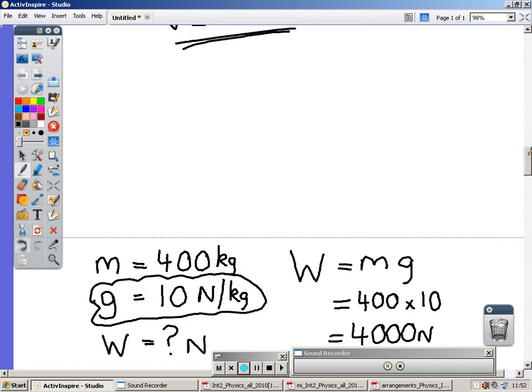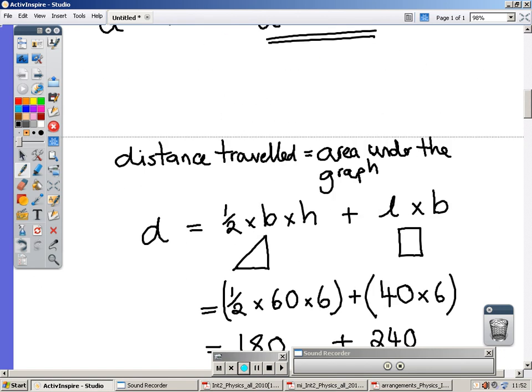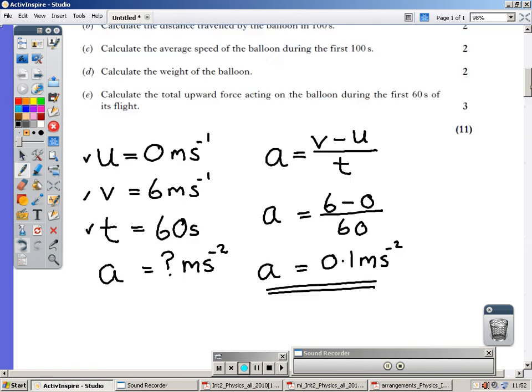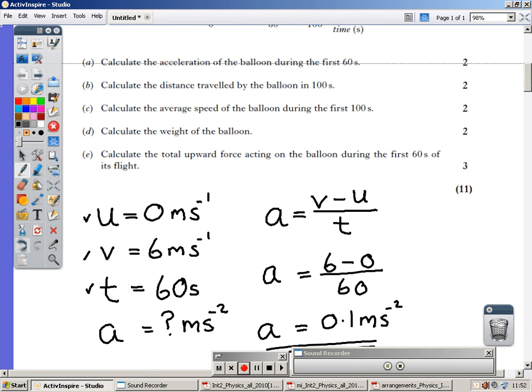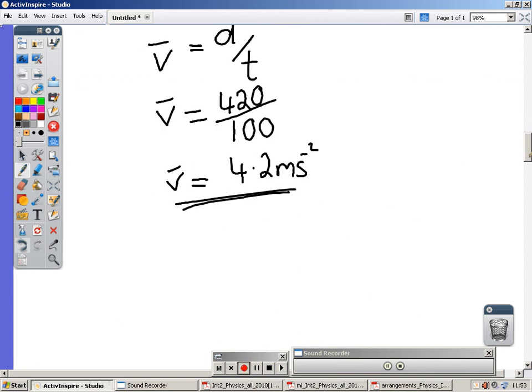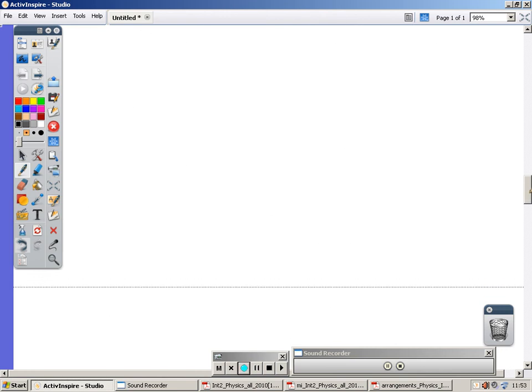The last question says, calculate the total upward force acting on the balloon during the first 60 seconds of its flight. This is going to require a diagram.